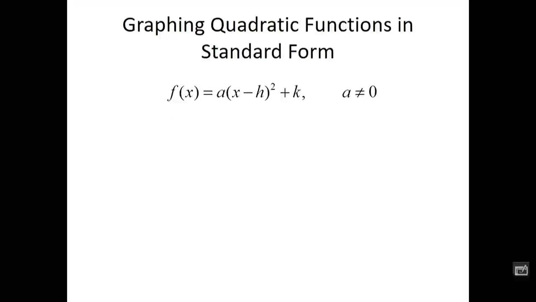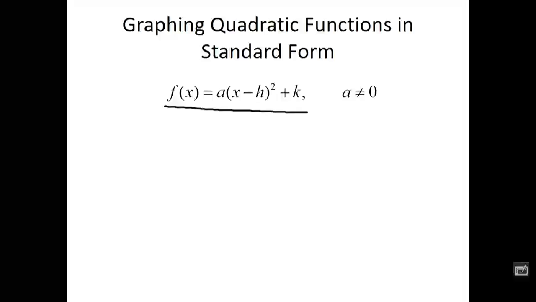Continuing our discussion of quadratic functions. In this section, we want to begin to look at how we would graph quadratic functions. So let's first look at graphing a quadratic function in standard form. The standard form of a quadratic function is f of x equals a times x minus h squared plus k. Of course, a can't be 0.